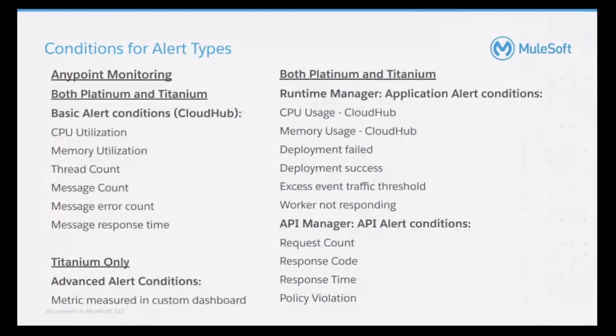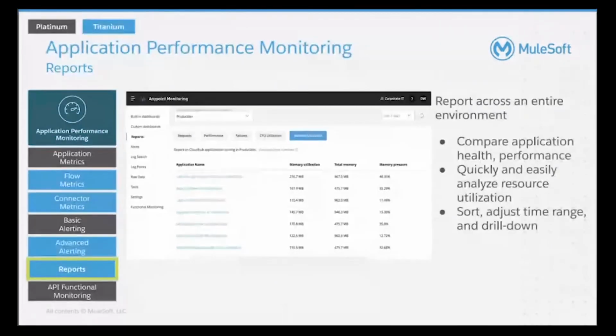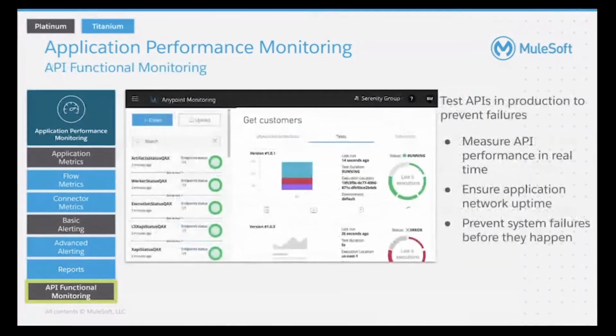And you can create a report, like, basically compare application health and performance, quickly and easily analyze resource utilization, sort, adjust time range, and then drill down. So those are some of the features it provides, actually. And then this is how your functional monitoring will look like.